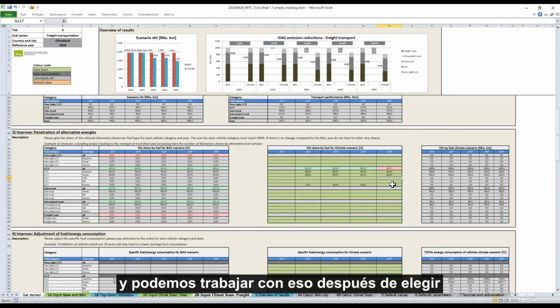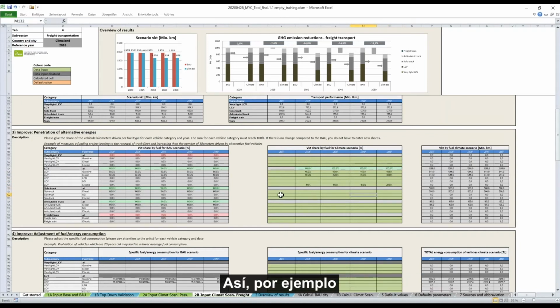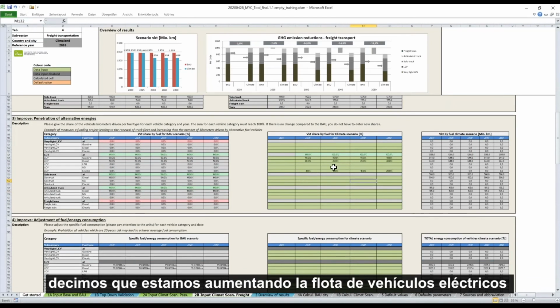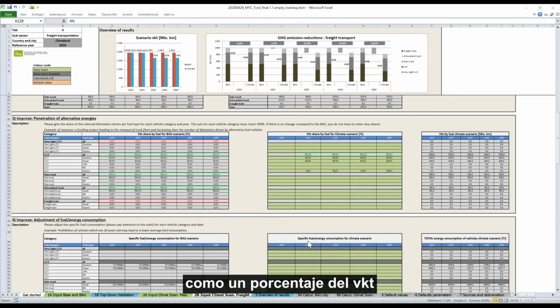And we work with one of the big delivery companies of the city. So, for example, we say that we are increasing a lot the fleet of electric vehicles. As I remember, percent of the VKT, not percent of the fleet.